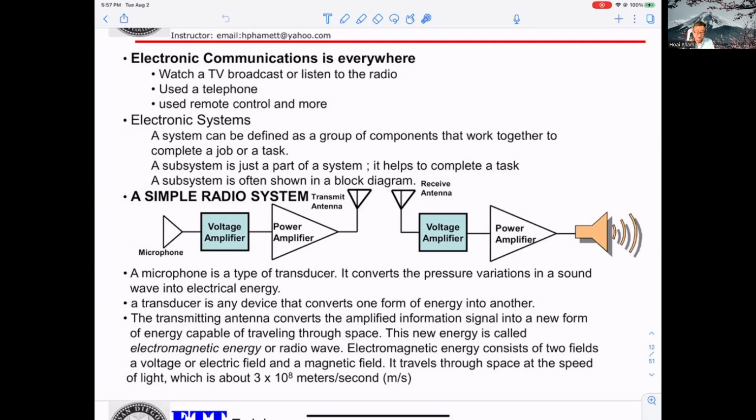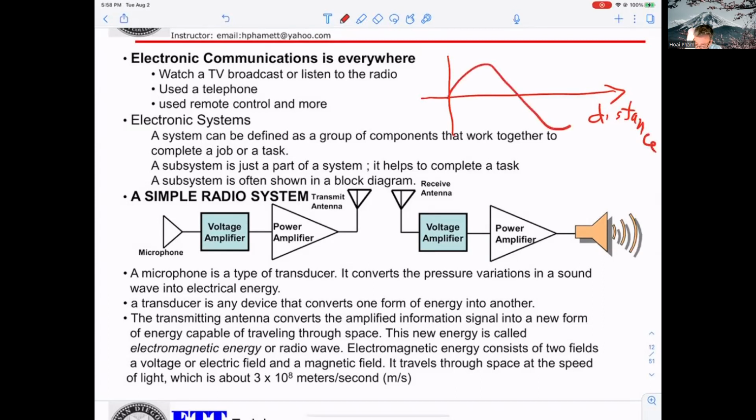Now the thing is, let's see. You can say they draw it this way. That will be the distance. Okay. And that will be the wavelength.